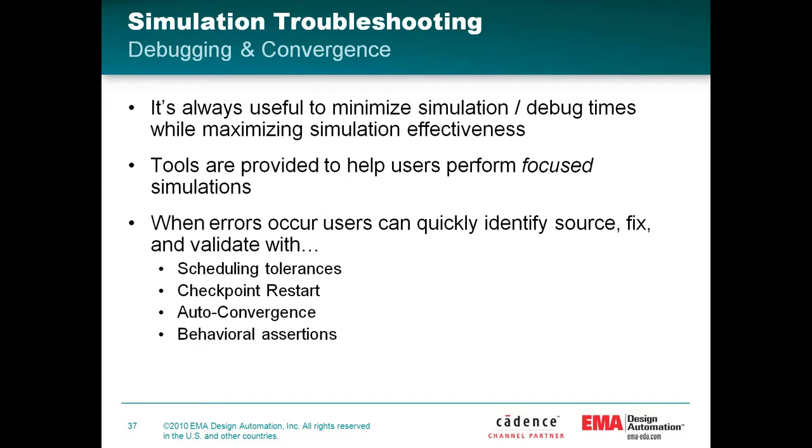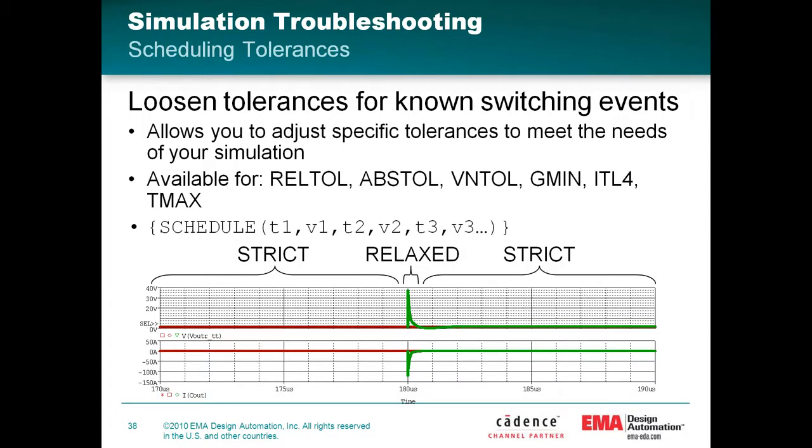Also, when a simulation won't converge, meaning it can't get to a solution, there are some things to help with that as well. One of those things for speeding up a simulation and getting to an interesting part of it is to schedule your tolerances. You can also schedule your time steps, which is the same corresponding capability.